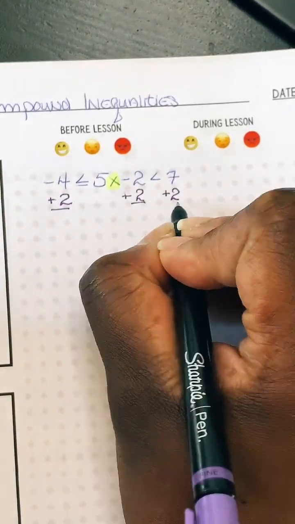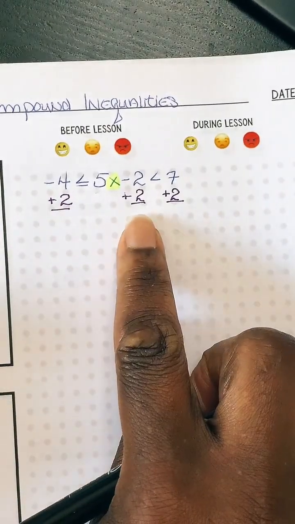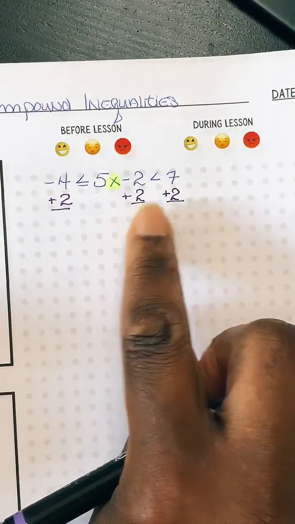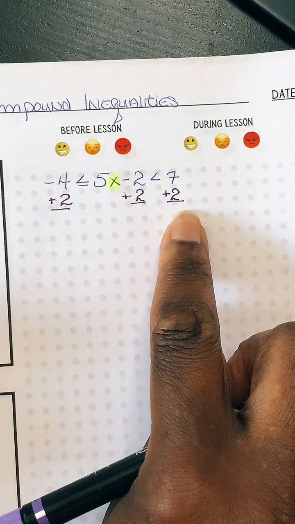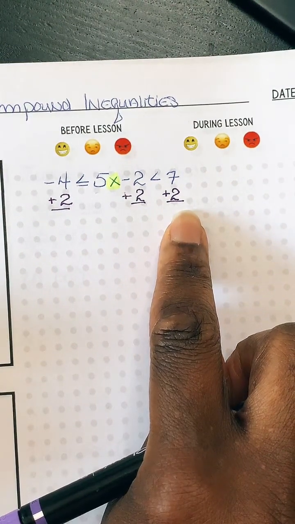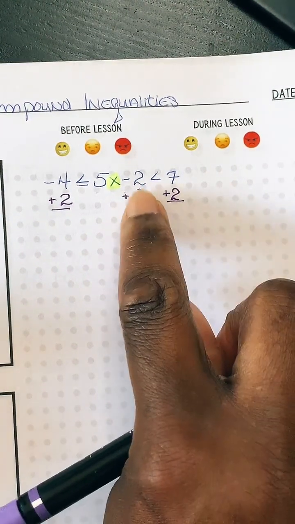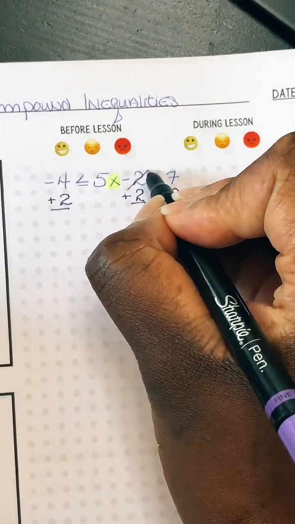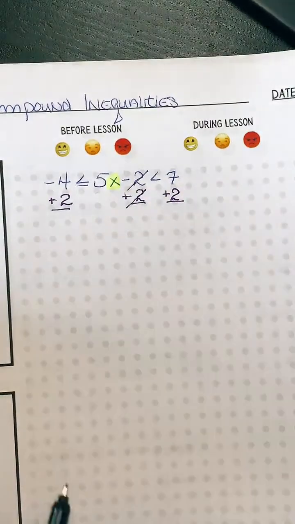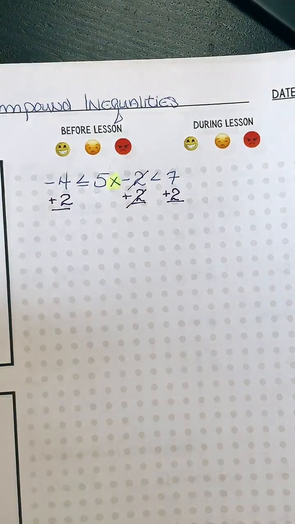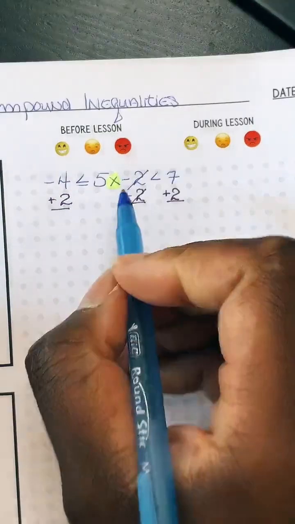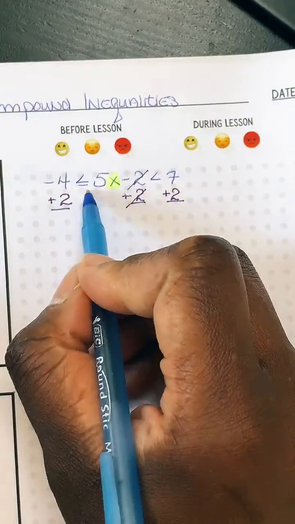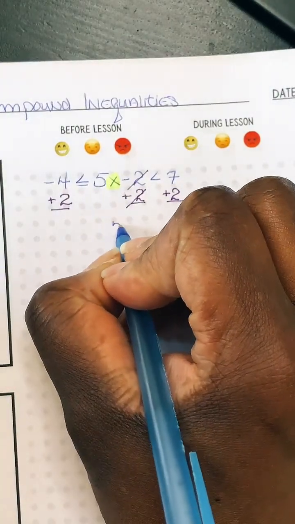We're basically taking on everything inside the middle and also the two ends. So what happens? Negative 2 plus 2 gives me 0. We don't have to put the 0 because it's a placeholder. But what we do have in between my inequalities is my 5x.